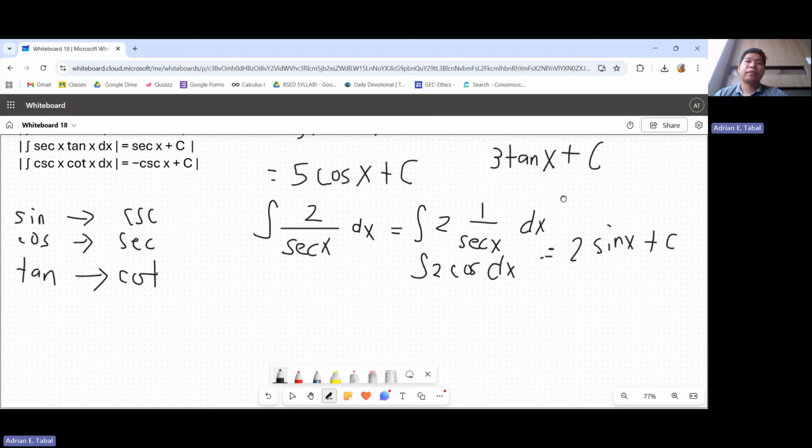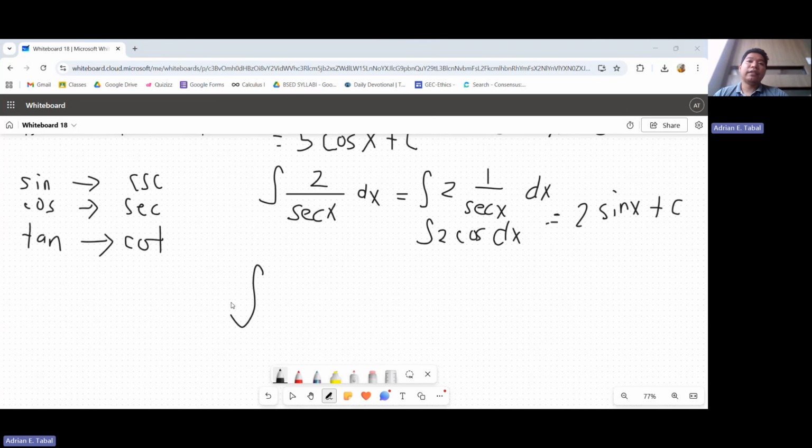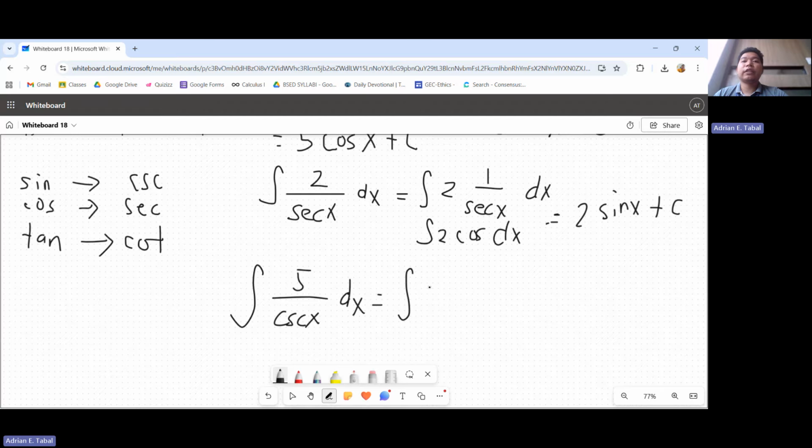Another example, we have the integral of 5 over cosecant x dx. Again, separate the constant and the trigonometric function, that is 5 times 1 over cosecant x dx, and the reciprocal of 1 over cosecant x is sine. So we can rewrite this as 5 sine x dx.